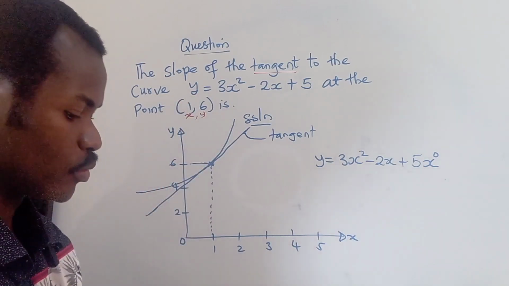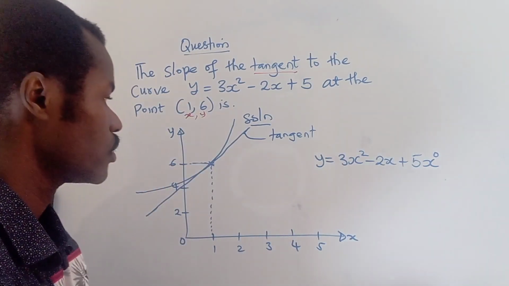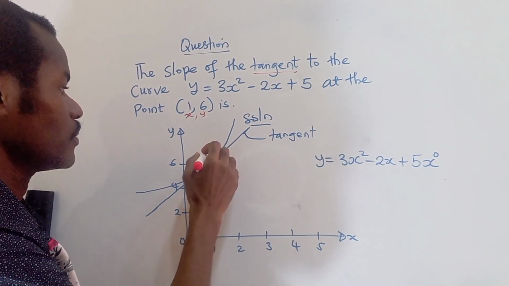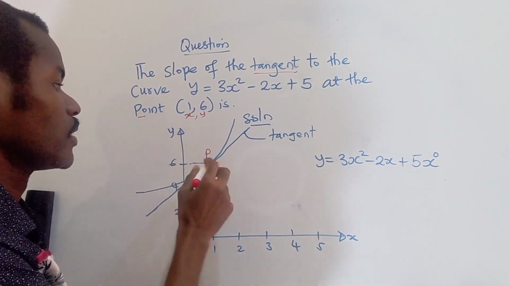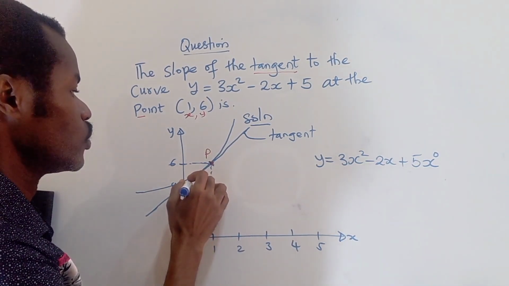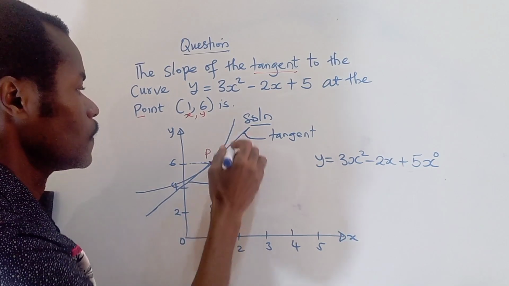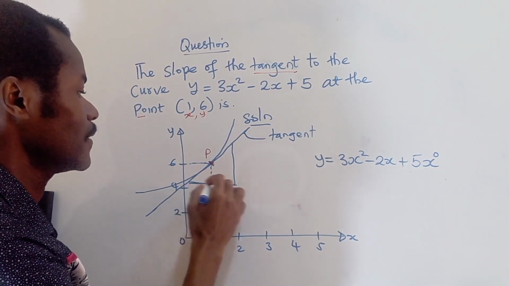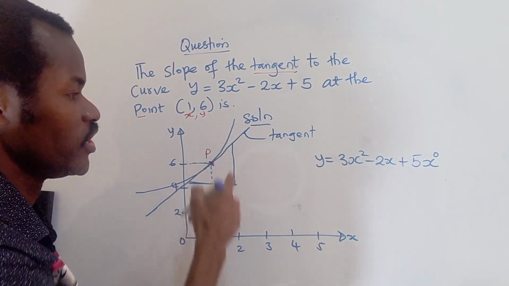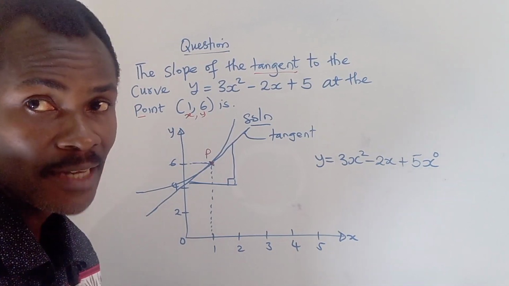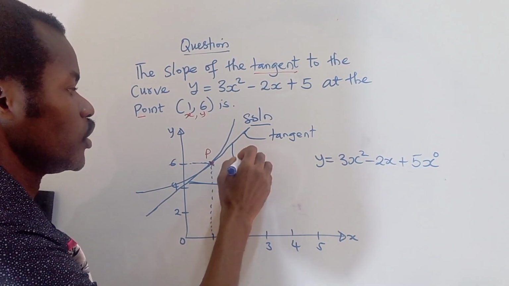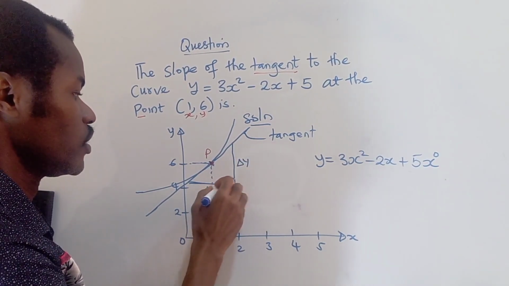So we want to find the slope. Most times, how do you find the slope? The slope at this point, let's call it point P, we want to draw a triangle like this and find the changes in x and y. So this is your change in y and this is your change in x.